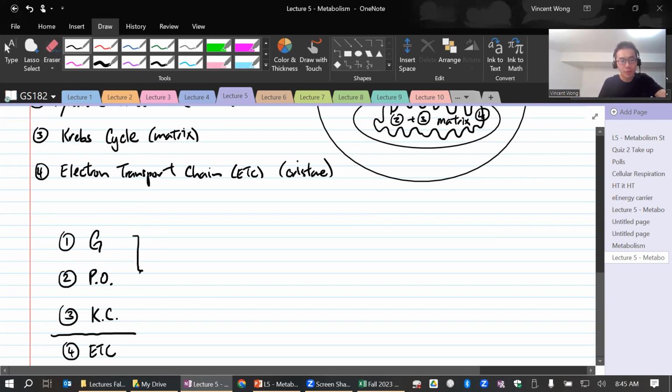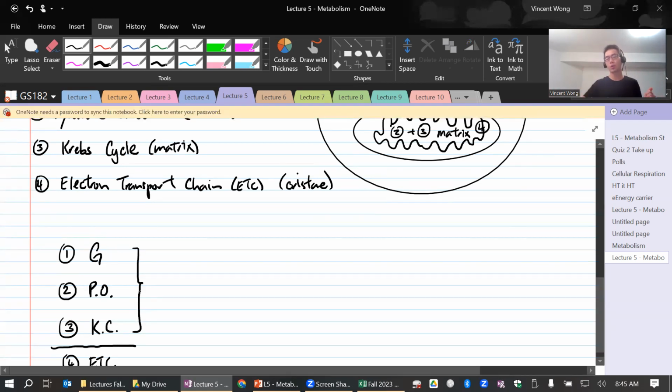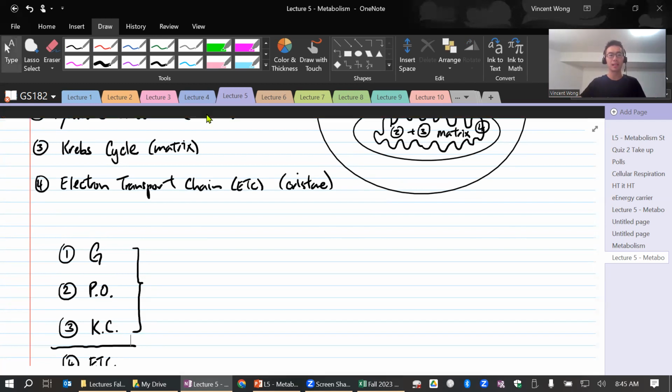So the first 3 steps of cellular respiration, it's all about ripping electrons from glucose. Remember, glucose is the reactant that is going to be oxidized. That's the one that is going to be releasing electrons.